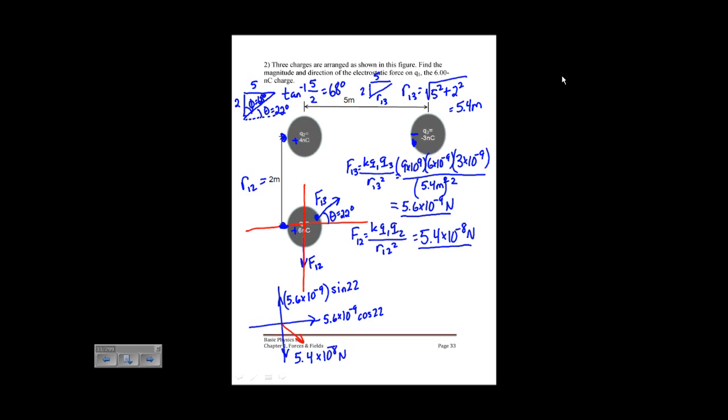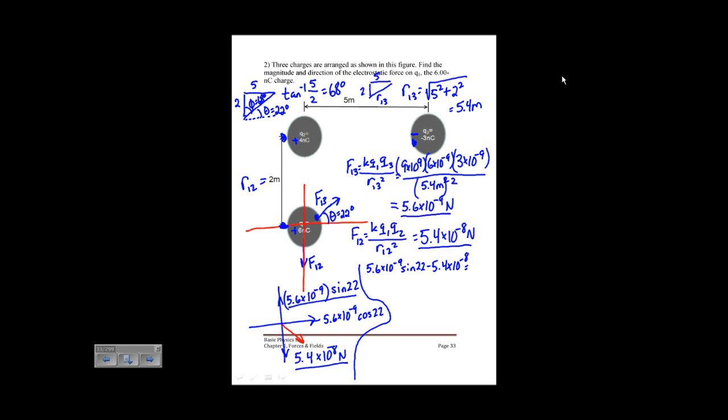So now I'm going to add up my y components. I'm going to add this number to this number. I'll write it out for you. I'll say 5.6 times 10 to the minus 9 times sine of 22 minus 5.4 times 10 to the minus 8.